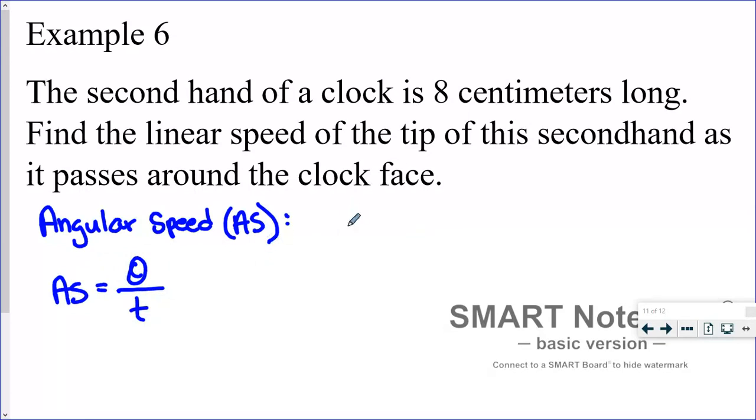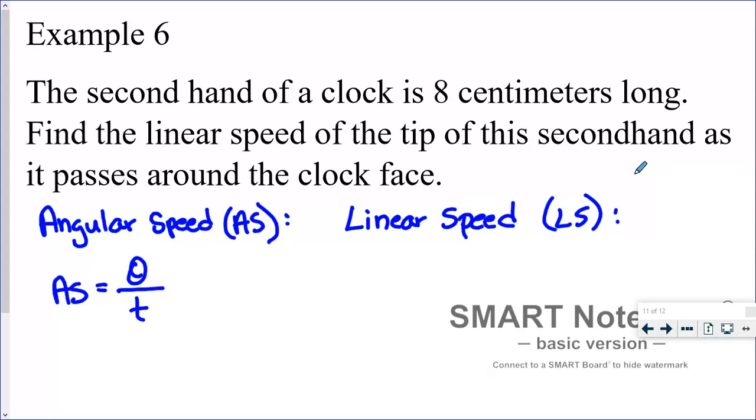Now, linear speed, which I will call LS, is, say there's a giant massive clock, and you're standing on the end of the second hand as it's moving around.